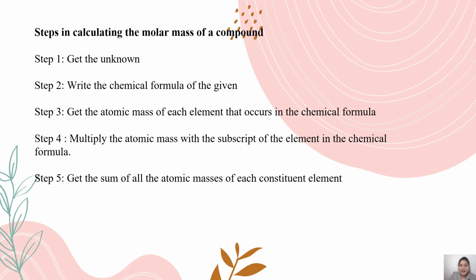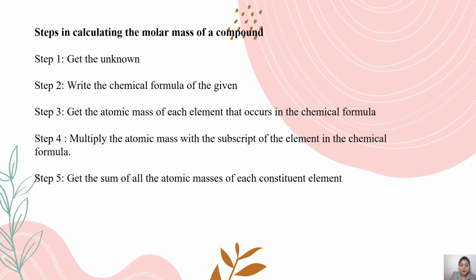This is a challenge because if you do not know what the chemical formula of a compound is, then there will be a problem. Then afterwards, the third step is to get the atomic mass of each element that occurs in the formula. In order to get the molar mass, we need the atomic mass.